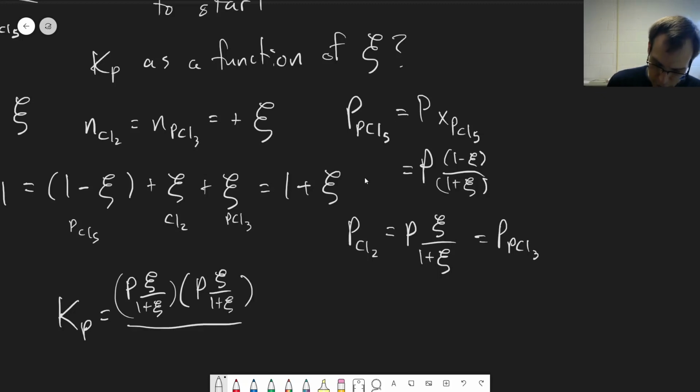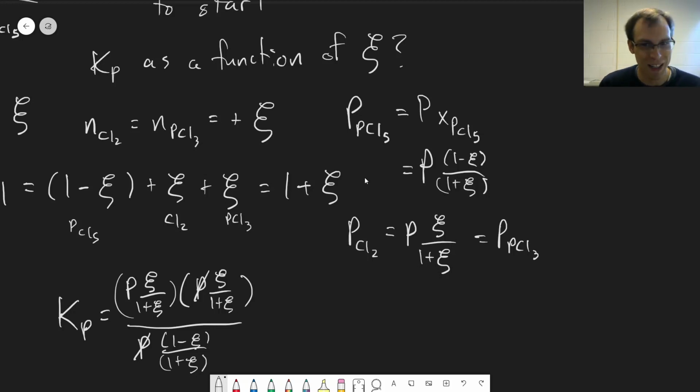And in our denominator, we'll have PCl5, which is P times 1 minus xi over 1 plus xi. All right. Now let's go ahead and simplify this a little bit. Well, one of our total pressures is going to cancel here. We'll have a xi squared on the top and a 1 we can cancel.